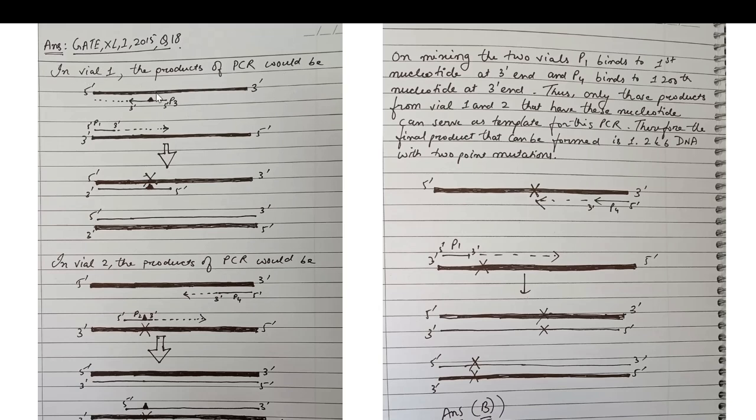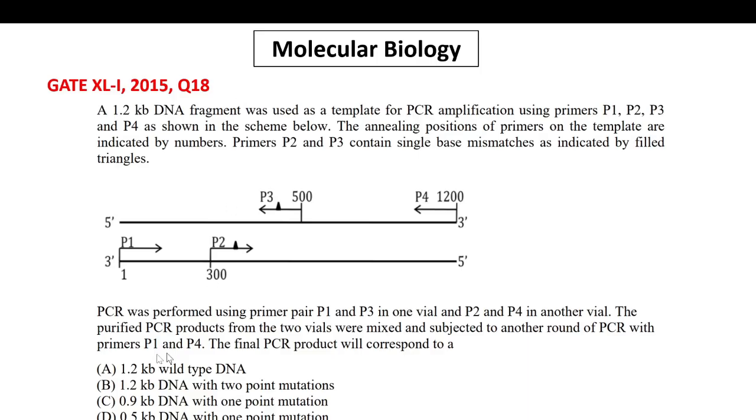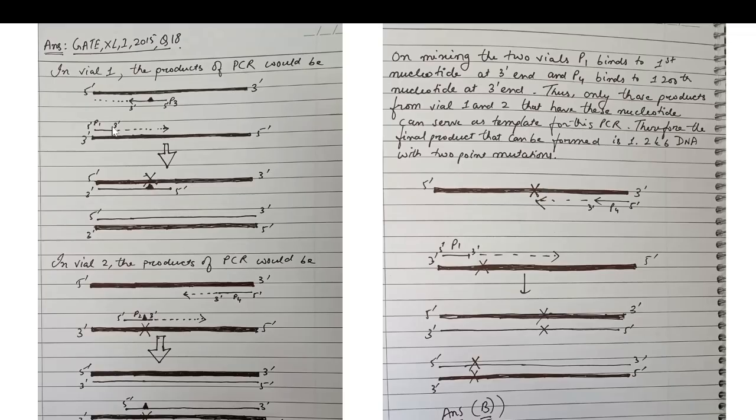In vial 1, or PCR 1, where you have used P1 and P3 as your primers, P1 is going to sit here on its complementary strand and P3 is going to sit here, and they will extend through their 3' end, forming these two strands. One will be your parental strand, whereas in another there will be a single base pair mismatch.